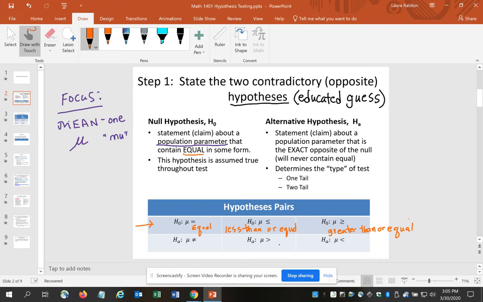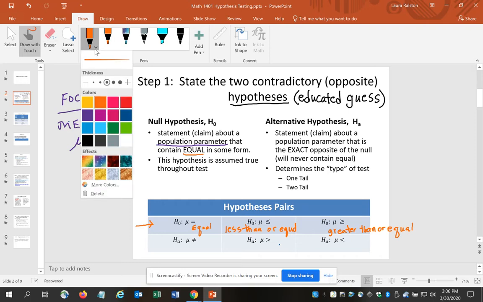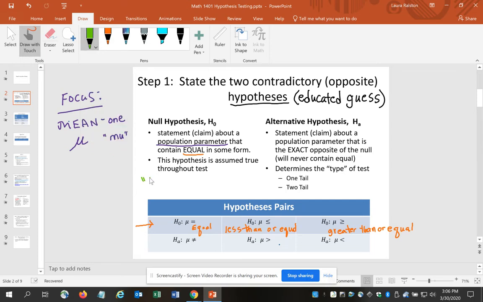The other key thing that's important about the null hypothesis is that it is assumed to be true throughout our hypothesis test, just like a person is assumed innocent until proven guilty.